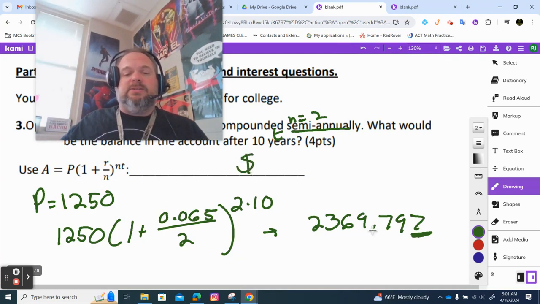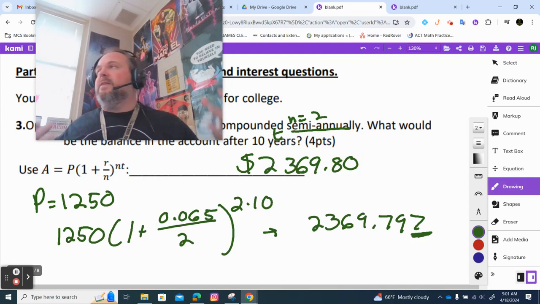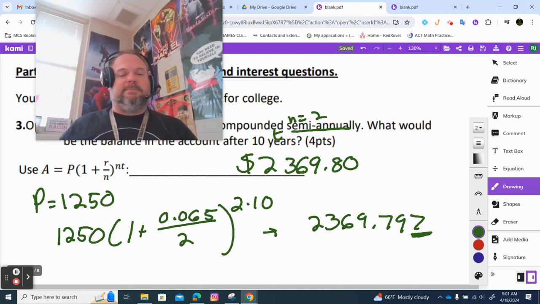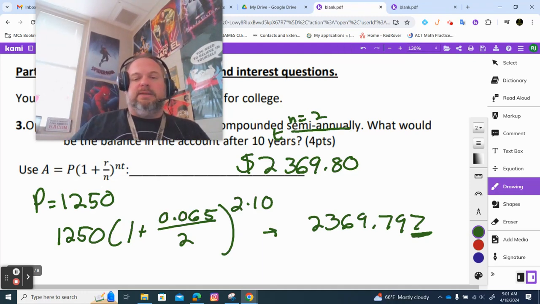So this is $2,369.80. Not very good for a college thing that may get a deposit.